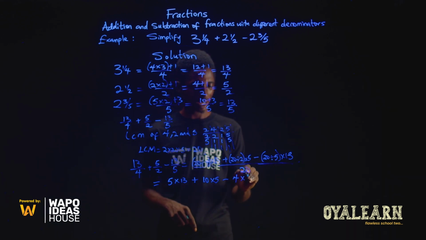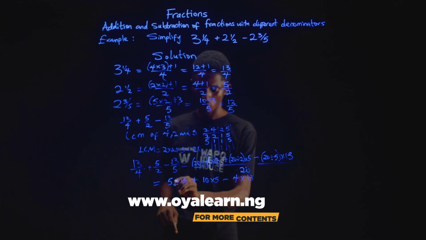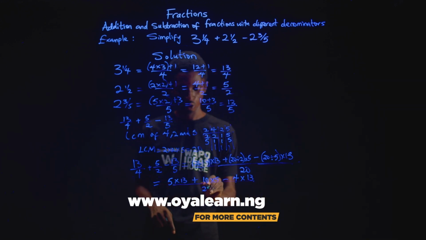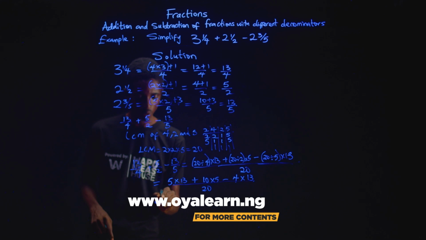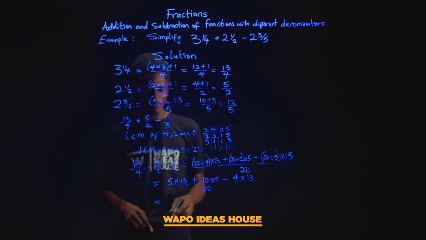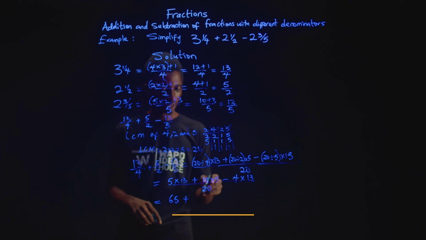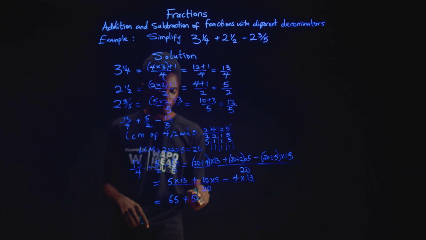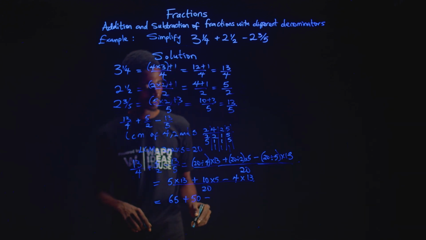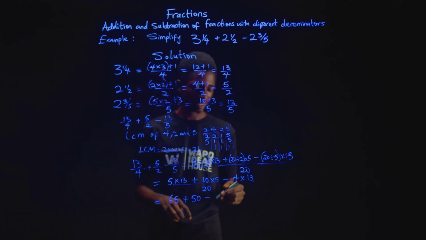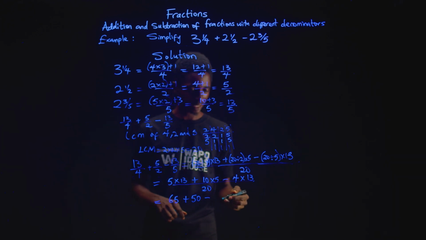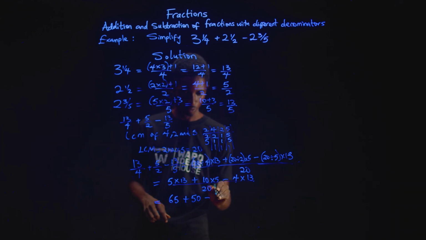So we have 4 times 13 all over 20. And this would give us 5 times 13 would give us 65 plus 10 times 5, that is 50, minus 4 times 13, that is 52.